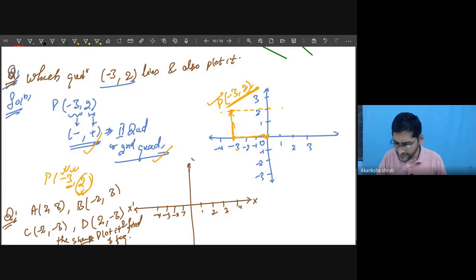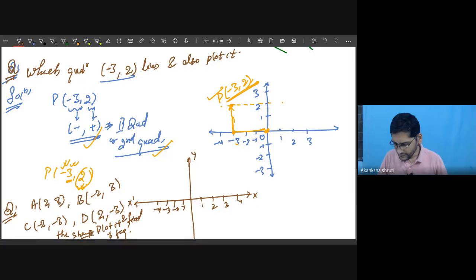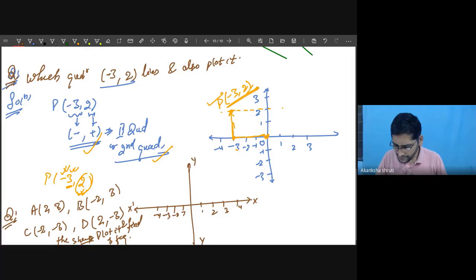Similarly, for the y-axis, we can plot it: 1, 2, 3, minus 1, minus 2, minus 3. So this point is our origin. So first you have to plot in order, students. So first take A. A is (2, 3).